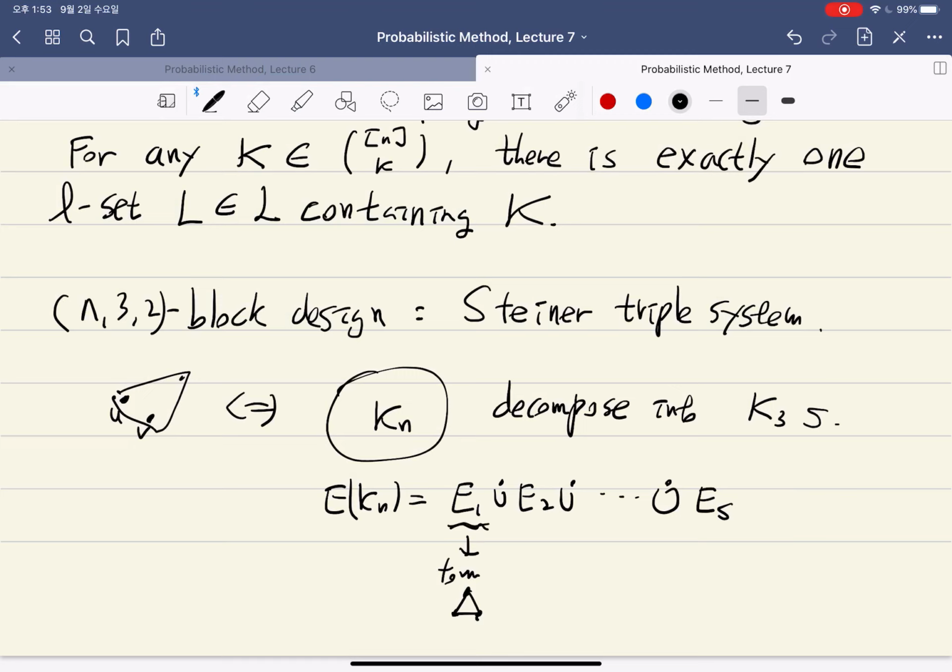This consists of 3 edges forming a triangle, this consists of 3 edges forming a triangle, and no edge is used twice, and every edge is used exactly once. So can we partition it? For each triangle, we just consider a set of 3 vertices. As each edge belongs to exactly one of them, each pair of vertices belongs to exactly one set of size 3. So these two are the same thing.